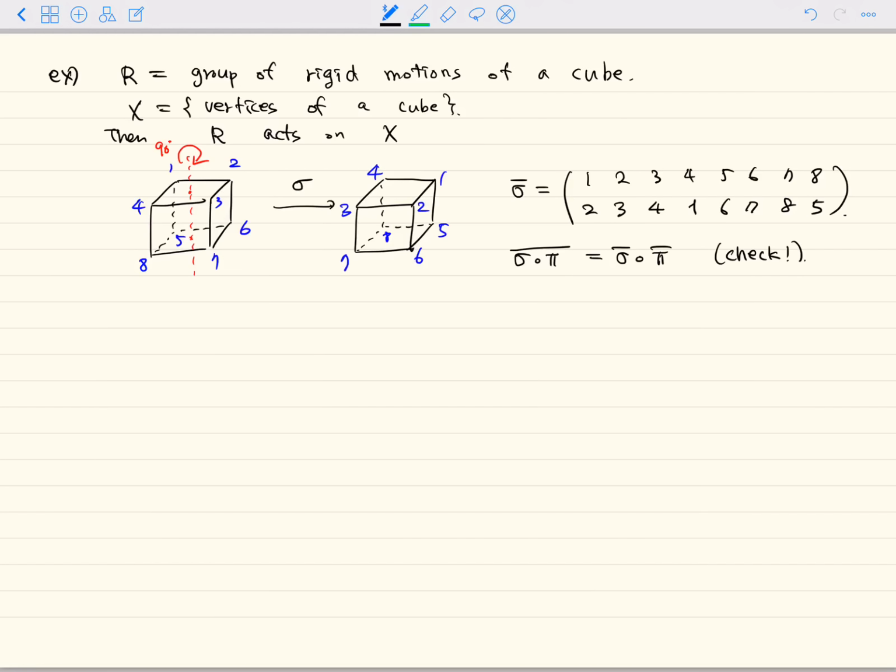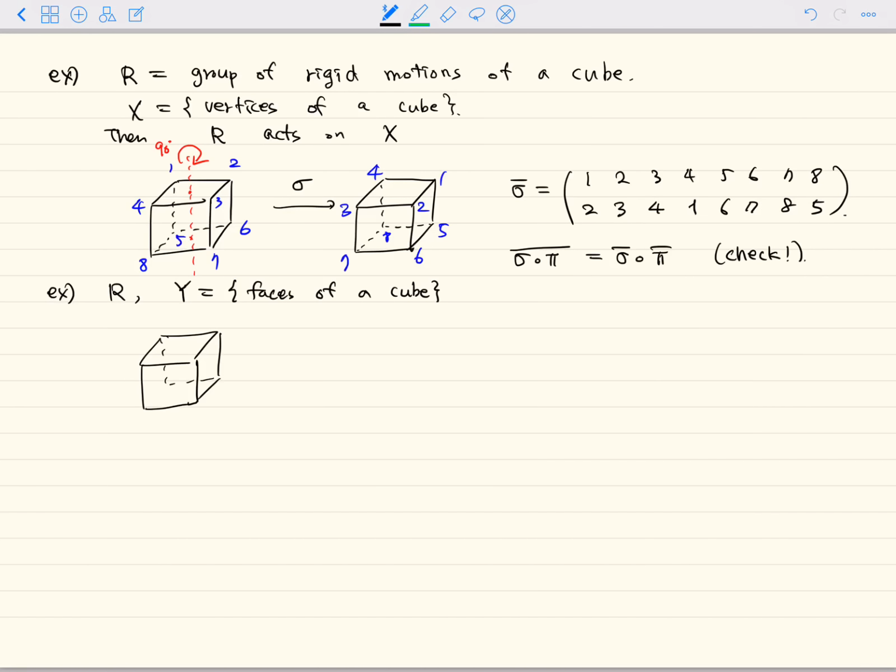And we can also consider the same group R and a different object. So instead of vertices, let's say Y is the faces of the cube, and R also acts on the faces.